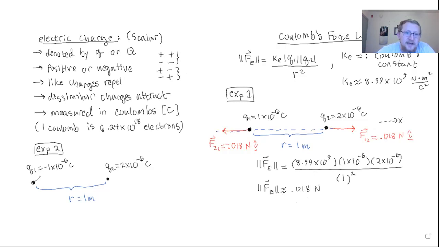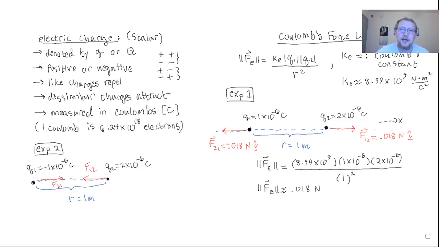And so once again, we draw the shortest Euclidean distance between these two charges, but now they are attracting. So now we have the force that 1 applies on 2 is pointing in the negative i hat direction. And the force that 2 is applying on 1 is pointed in the positive x hat direction.